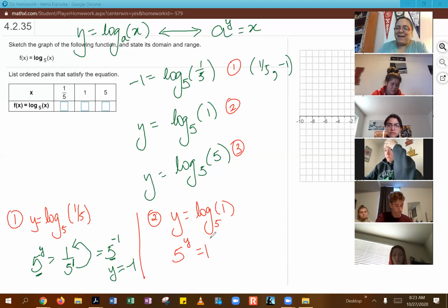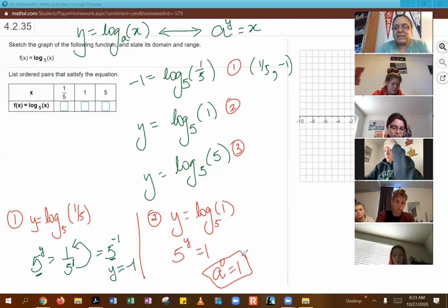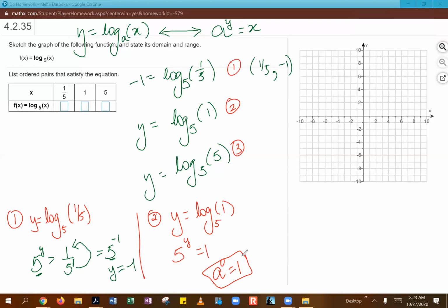Zero. Yeah, very good. It's the zero exponent rule. So when you have a zero exponent, that's the only time you get 1 as your answer. So that, of course, tells us that our exponent over here is going to be 0. So this will be ordered pair 1, 0.